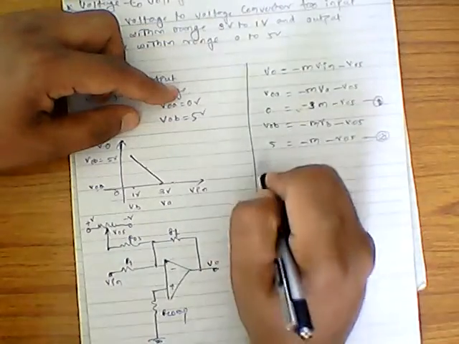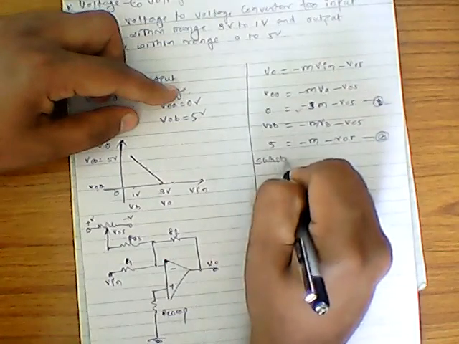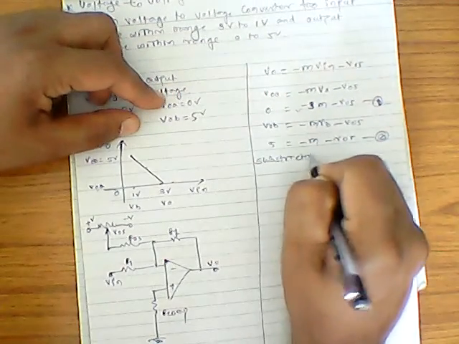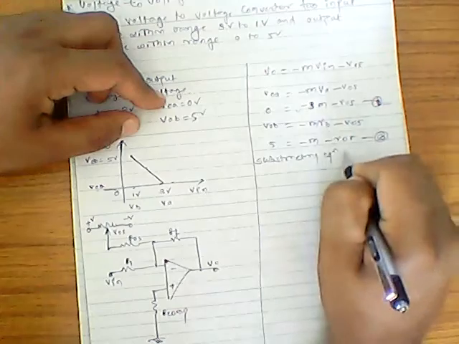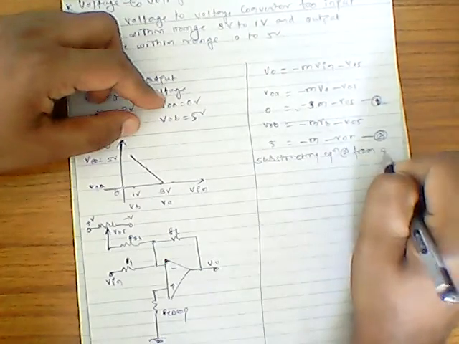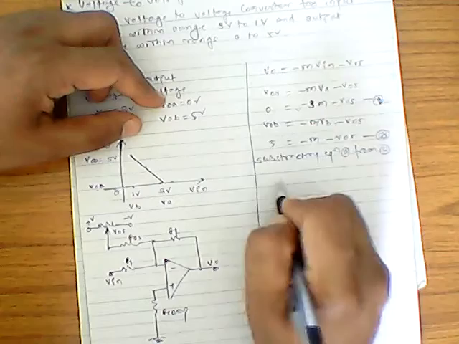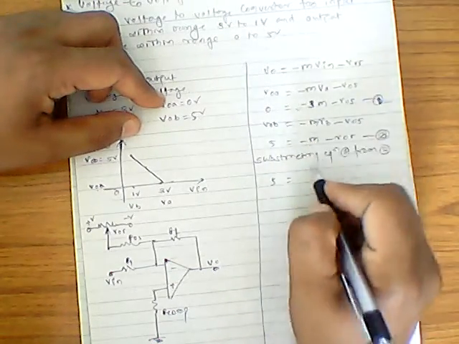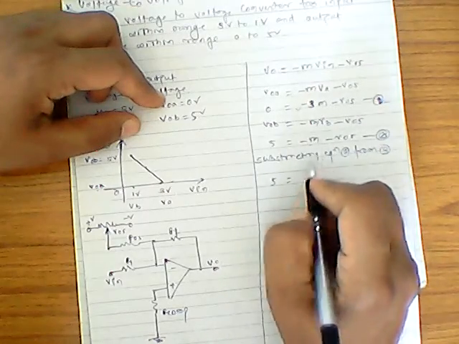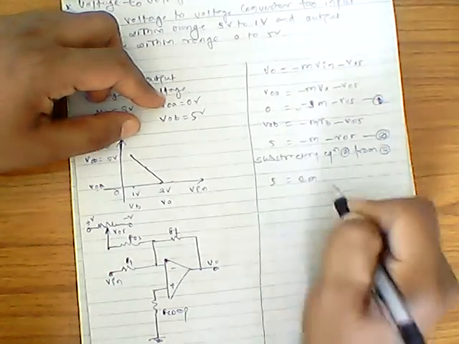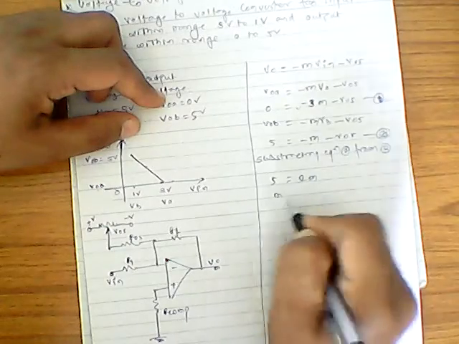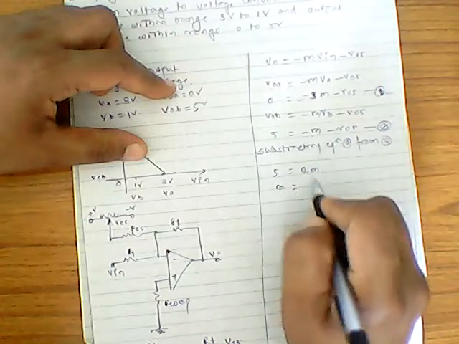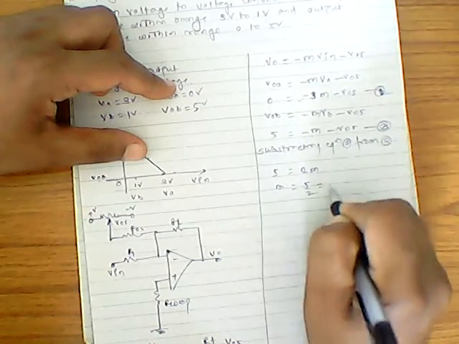Subtracting equation 2 from 3, what will we get? 5 is equal to this minus and this minus becomes plus, so that will be 2M. So M is equal to 5 by 2, that is 2.5.